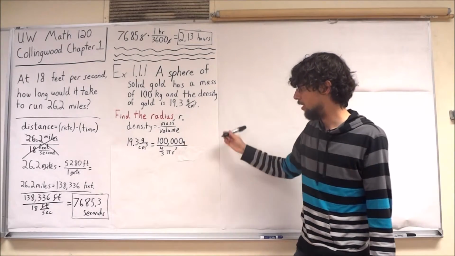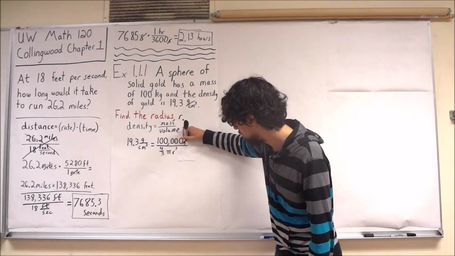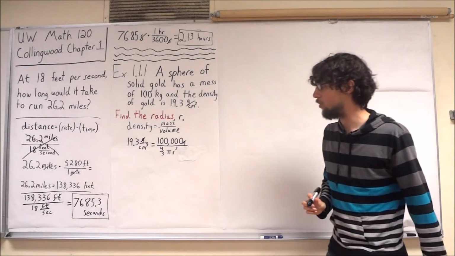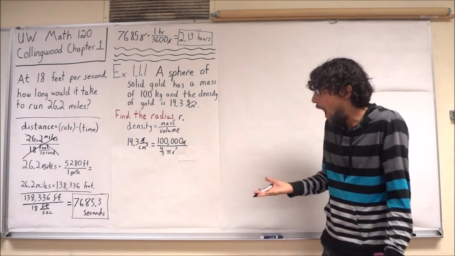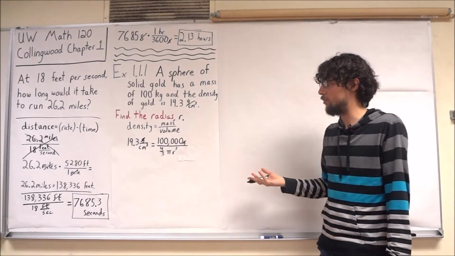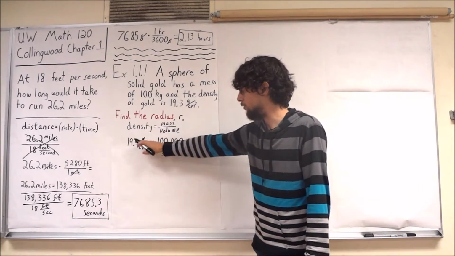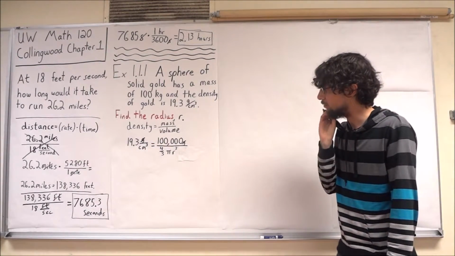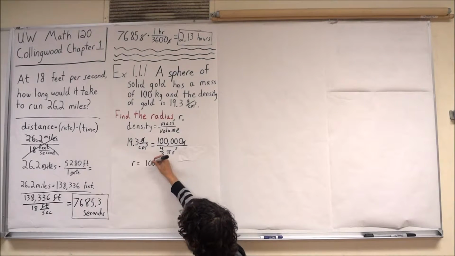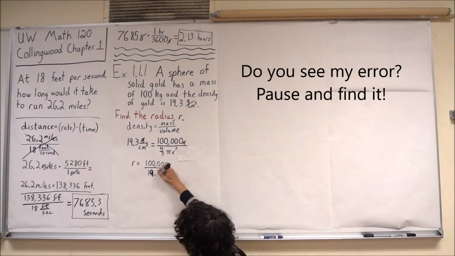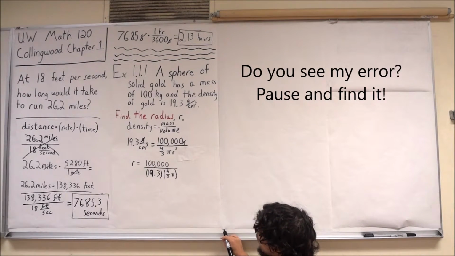Looking at what we have here, the grams are essentially already canceling. I can simply ignore the units for a second to solve for r here. And I need to put this centimeters cubed somewhere.